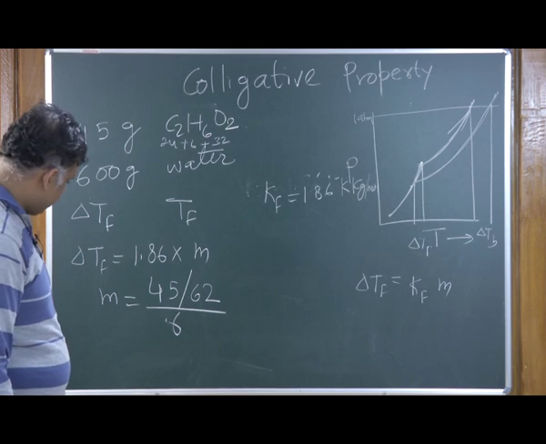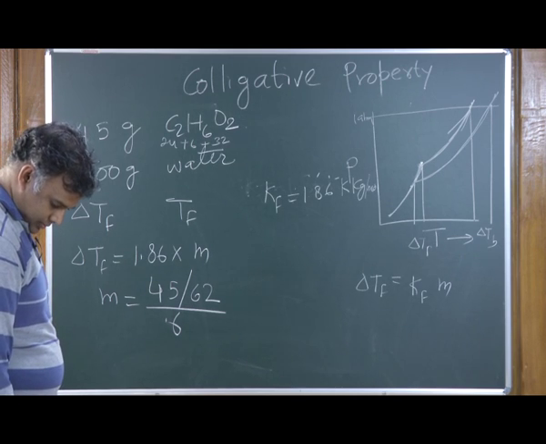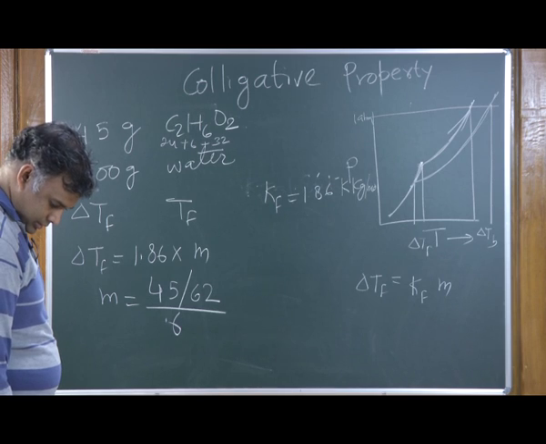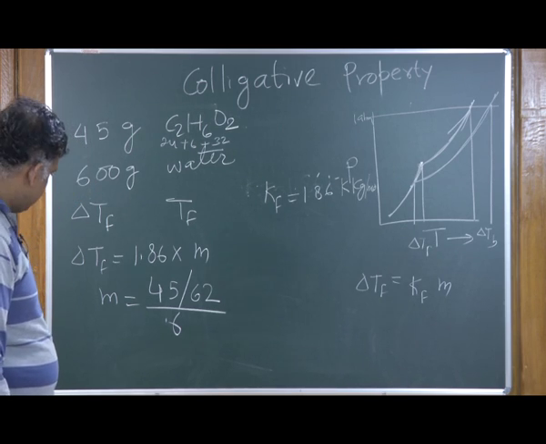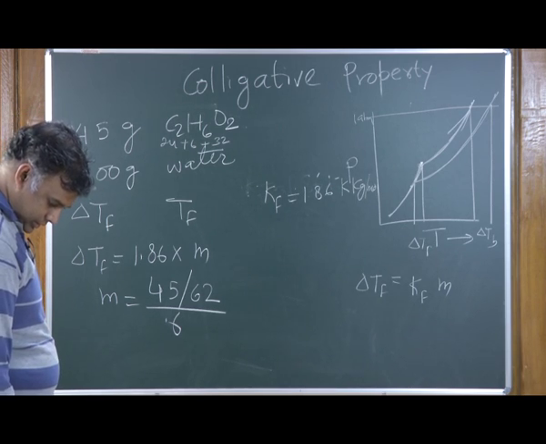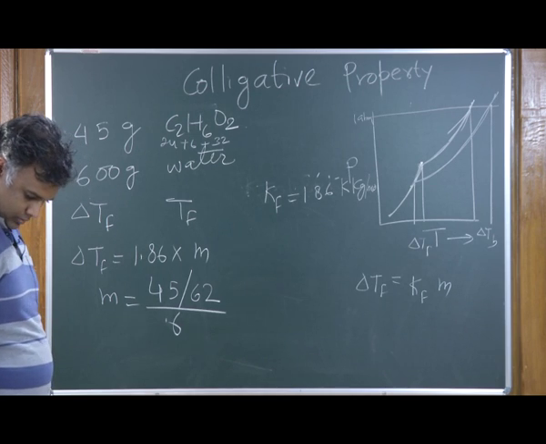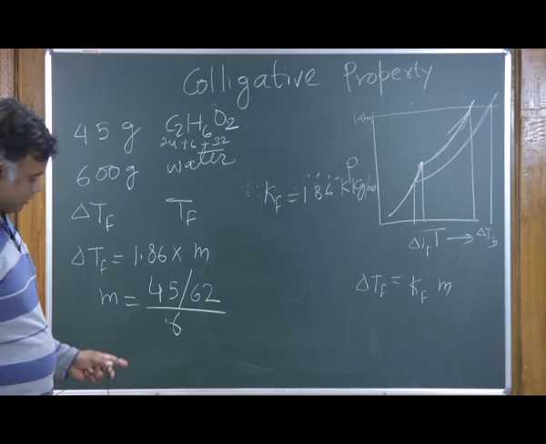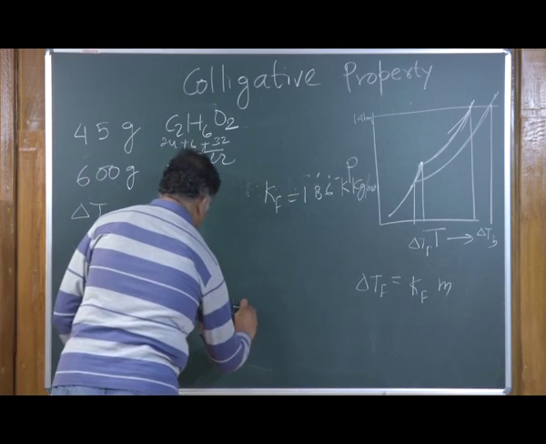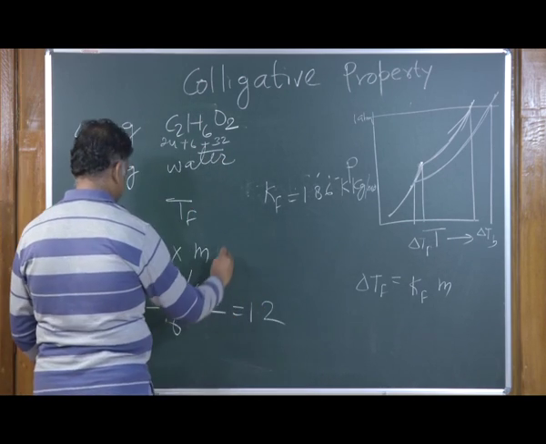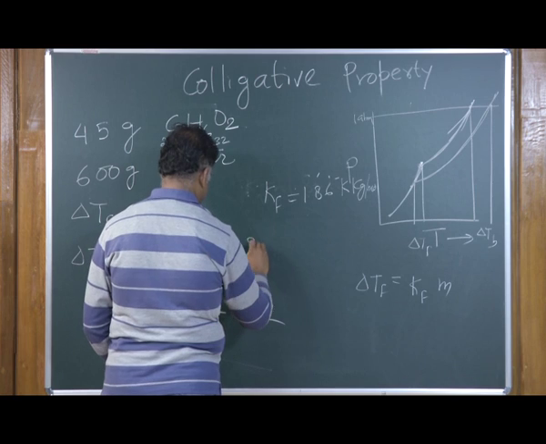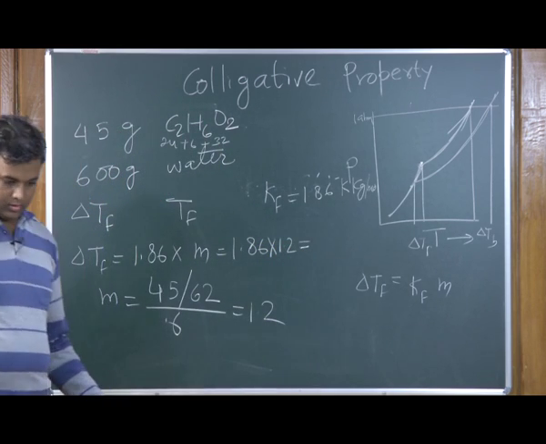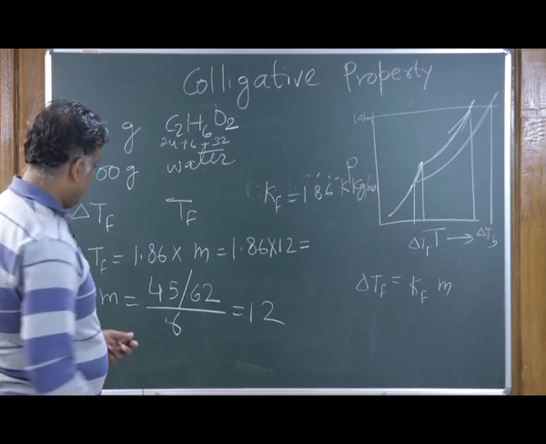If I plug in all these numbers, 45 divided by 62 divided by 0.6, I am going to get 1.2, and this is plugged in this equation, which is 1.86 into 1.2, and I am going to get a final answer of 2.2 Kelvin.